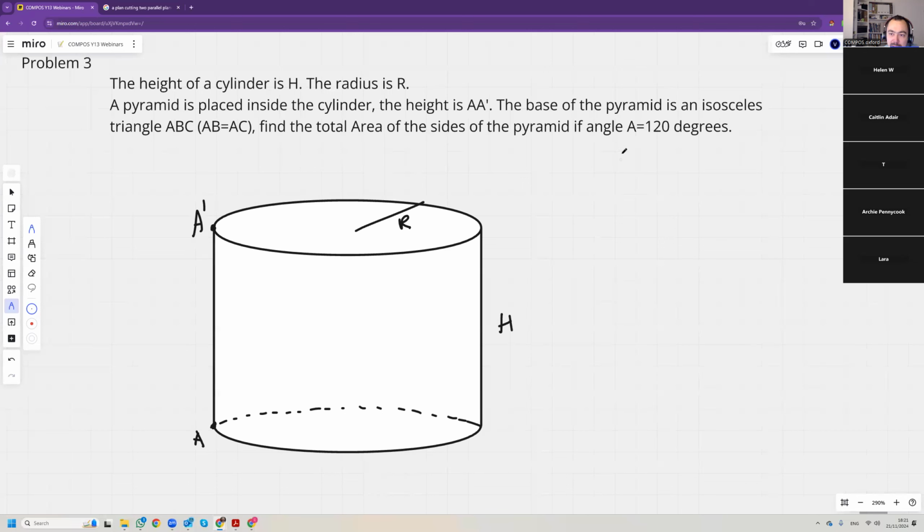The base of the pyramid is an isosceles triangle where AB is equal to AC. So you have AB, AC. So that's a triangle. And the pyramid is like this.